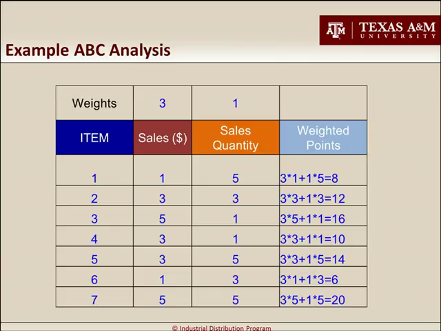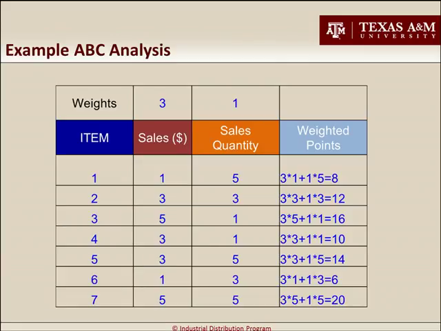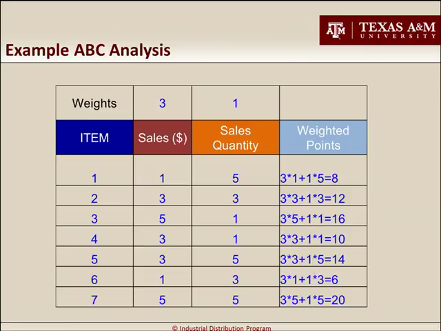And then for sales dollar and sales quantity, if an item is a C item, I put 1 point. If it's a B item, I put 3 points. And if it's an A item, it is 5 points, right? So that is the information between this figure and this figure. All the letters here are converted to numbers here, right?